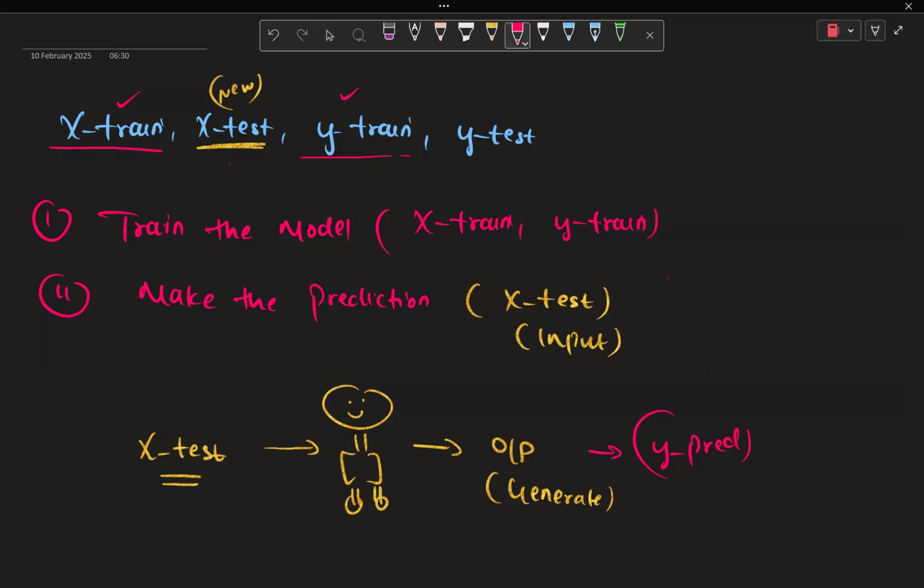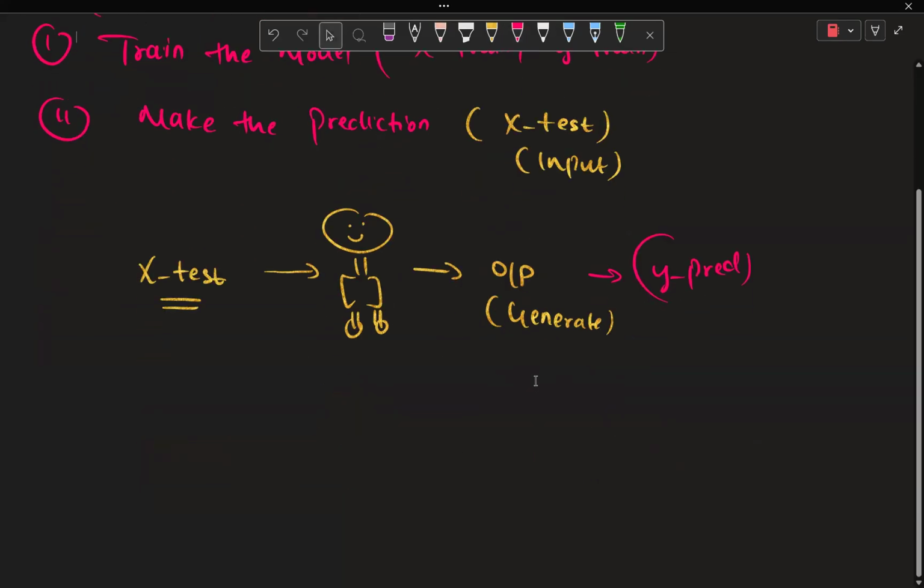X test is 20% data, right? We have divided into 80 and 20. This is 20% and this was 80. So for testing, small data is also fine. Yes or no? Good. So when we give this 20% of testing data, we receive 20% of output.